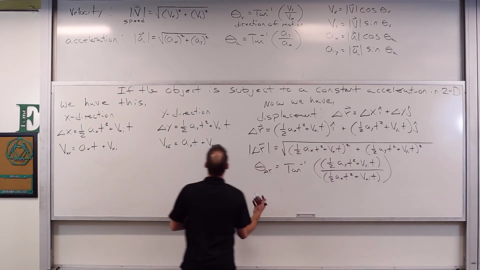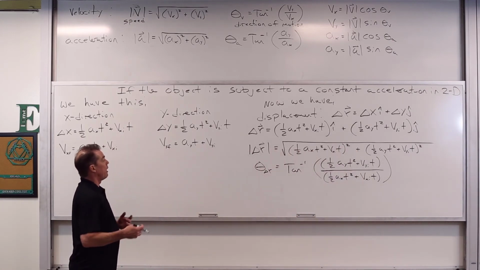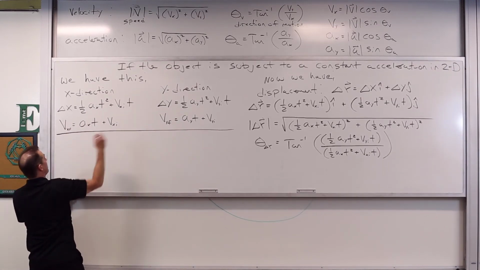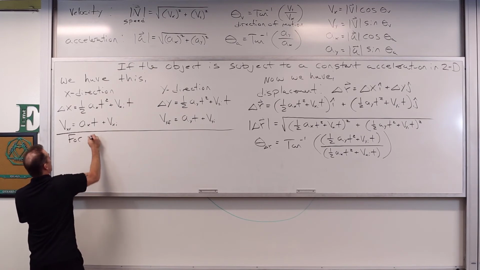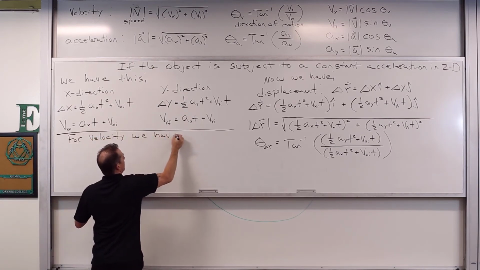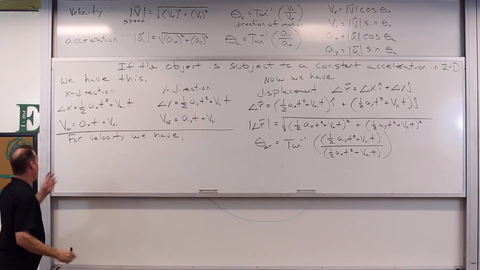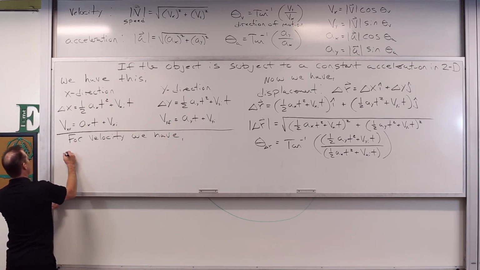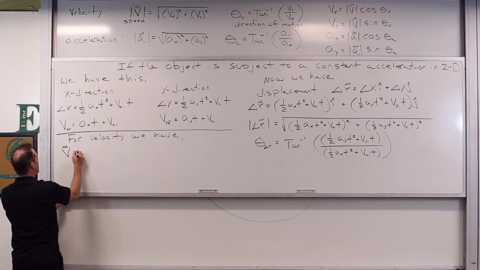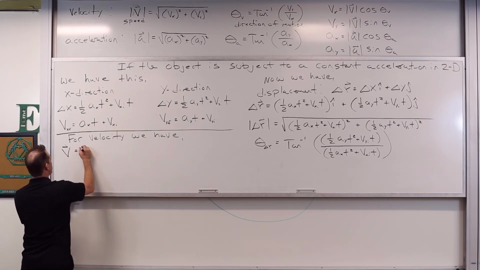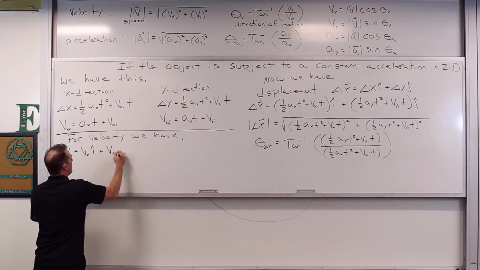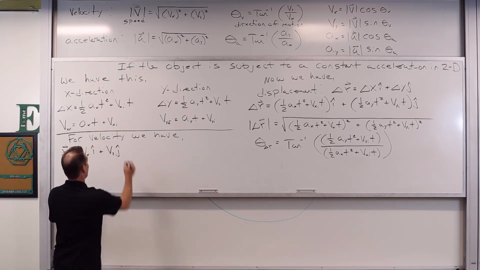Likewise, we've got the same thing going on with velocity. So now for velocity, we have some v is going to be equal to some v x i hat plus some v y j hat. Great, well, what does that equal?